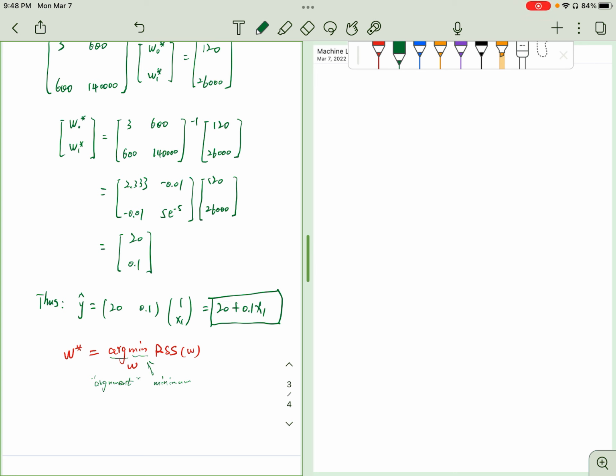So this means find an argument, omega, that can minimize this loss function. Don't be confused by this notation. It's just a notation: it is the omega that can minimize this RSS. So you may sometimes see this notation, and don't be confused by it.